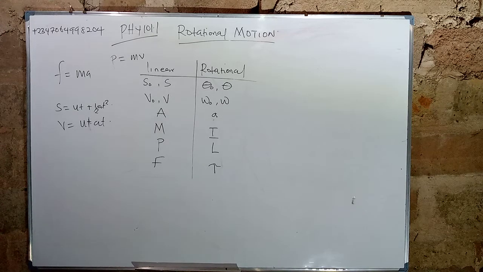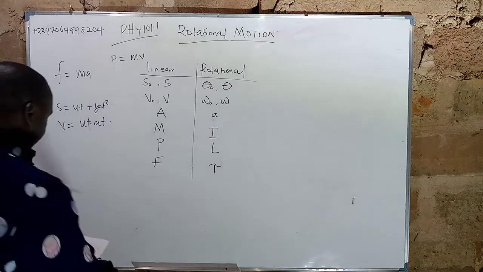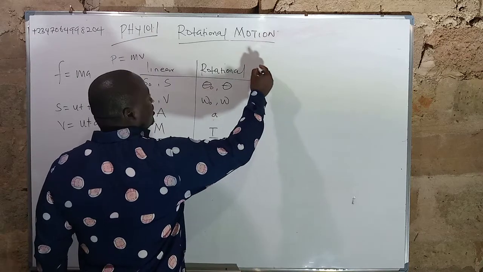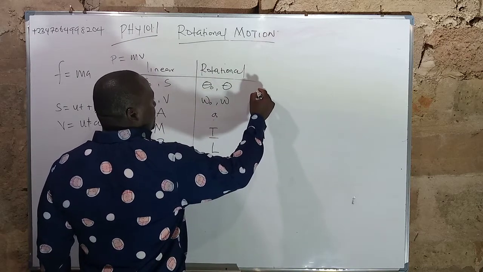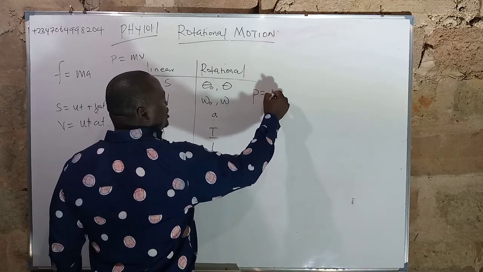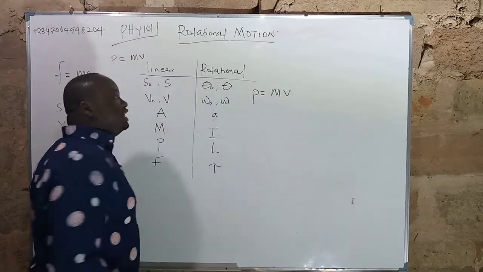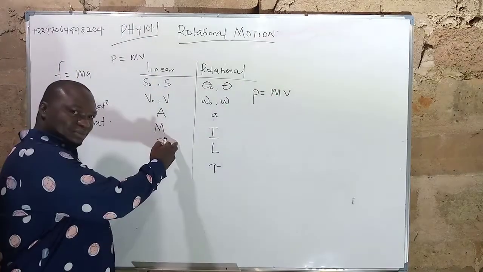Now, the same thing is happening. From the above equation I just wrote, I already said that the momentum is mass times velocity, and whenever I write it like this, I'm talking about the linear form.